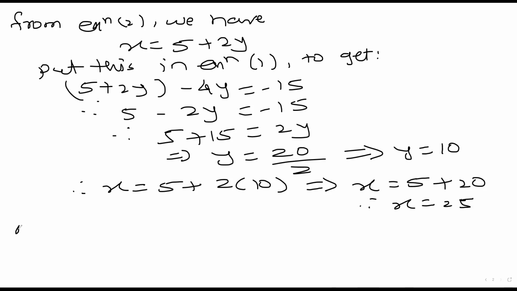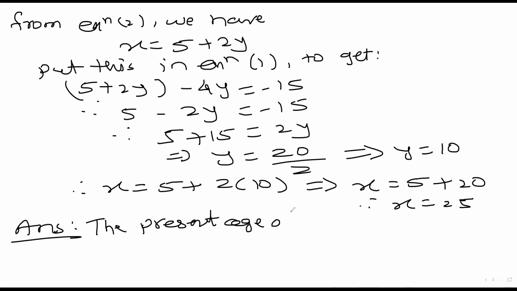Okay, so write the answer. This is not what your teacher expects. What your teacher expects is writing the final answer in words. Write down the present age of A is 25 years.